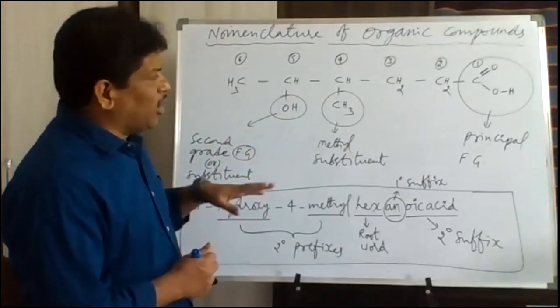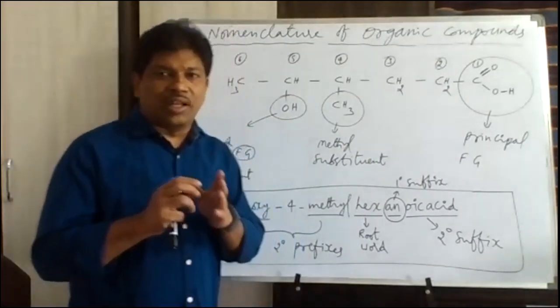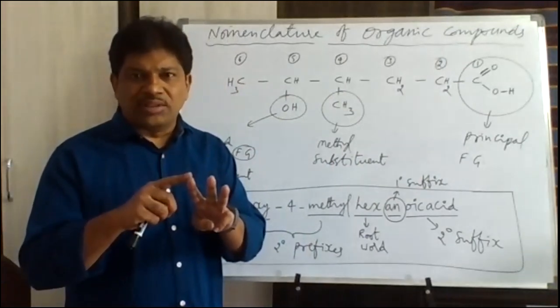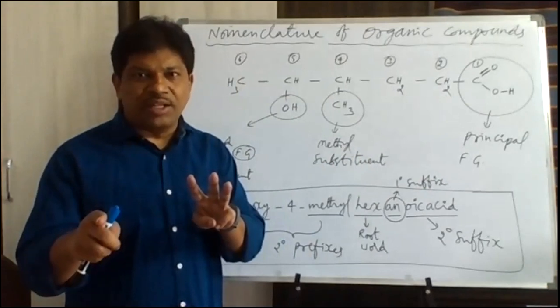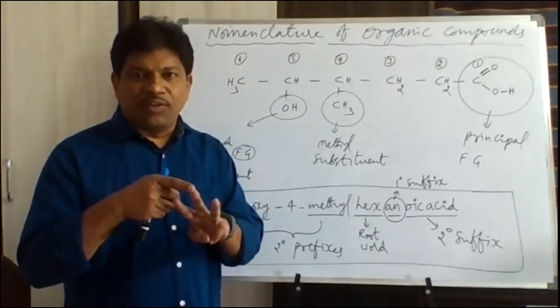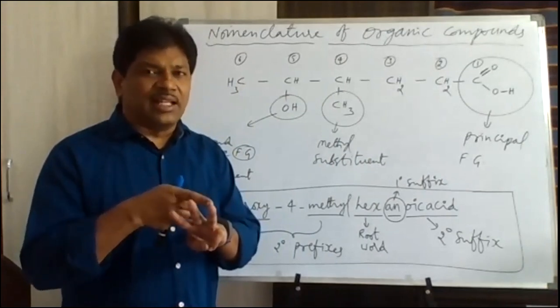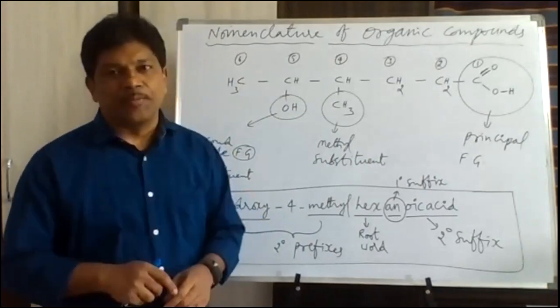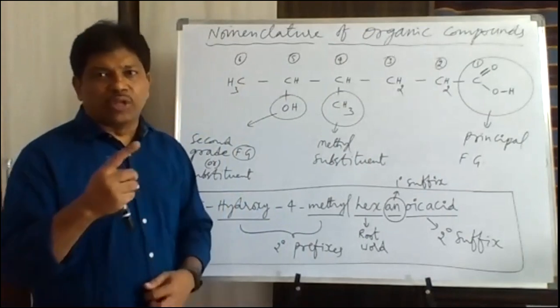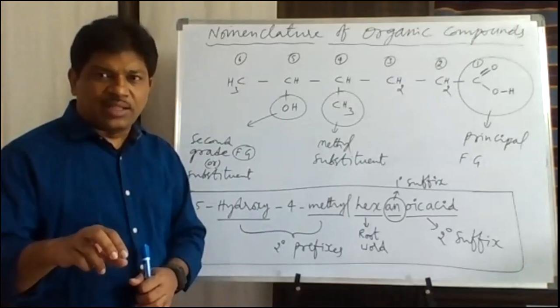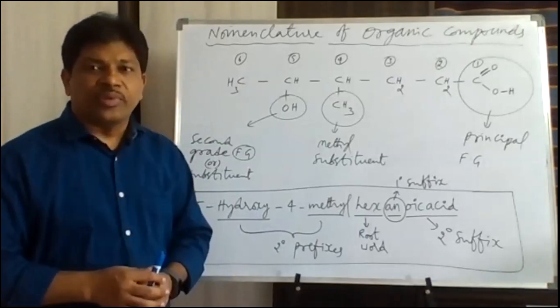Now what we have to understand is that there are three main parts of an IUPAC name. The word root gives the number of carbon atoms in the parent chain, the suffix is written after the word root, and the prefix is written before the word root. Again, the prefix is of two types: primary prefix and secondary prefix.